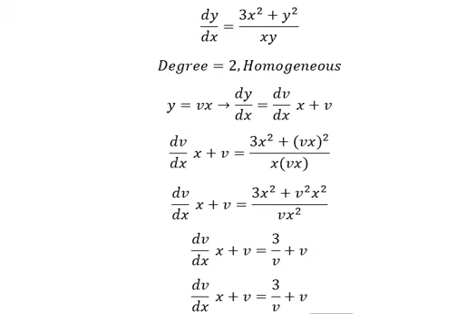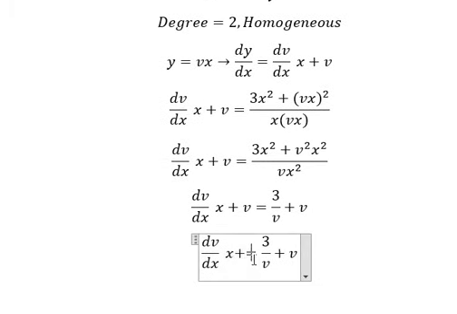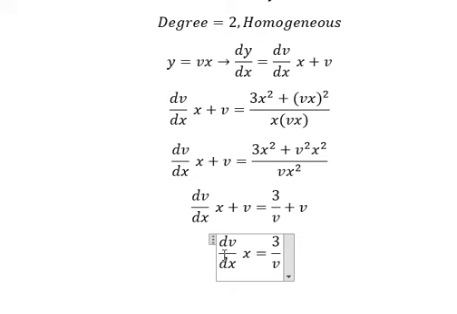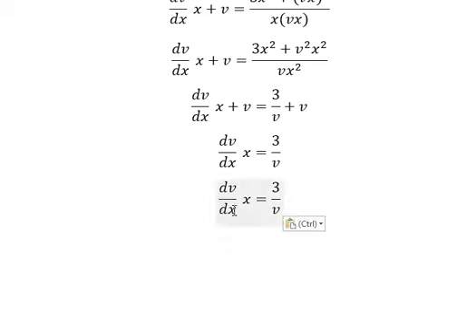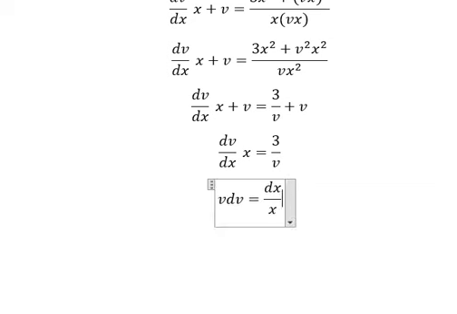So we simplify v for both sides. Now I will put this one to the left, dx and x go to the right. Next, we put the integration for both sides.